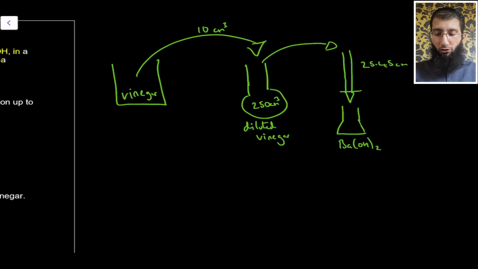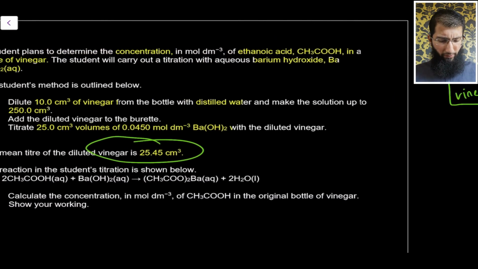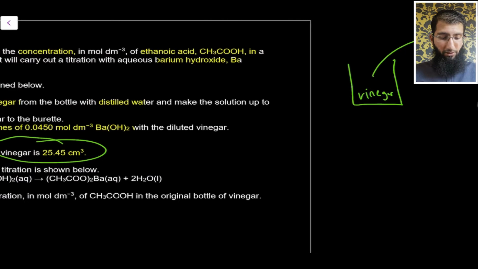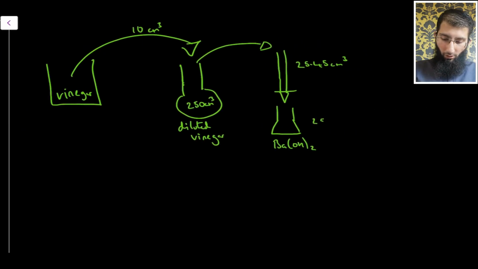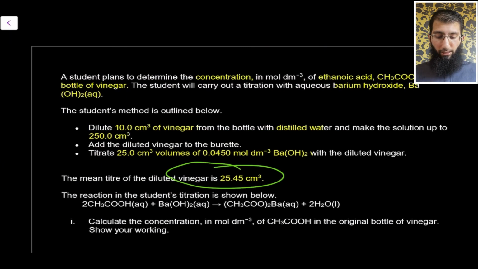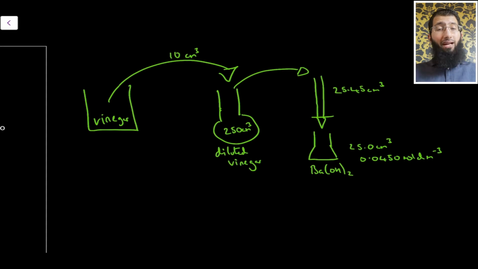We've titrated it with, I believe it's 25 cm³, yep, 25 cm³ of 0.0450 mol dm⁻³ barium hydroxide. And ultimately, we've been asked to work out what the concentration of ethanoic acid is in the original bottle of vinegar.